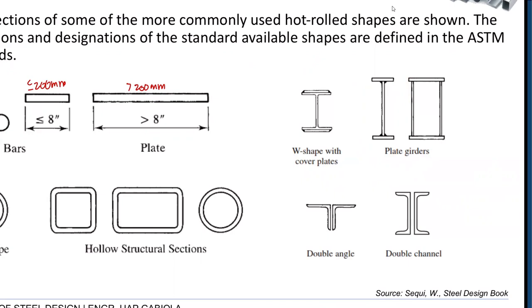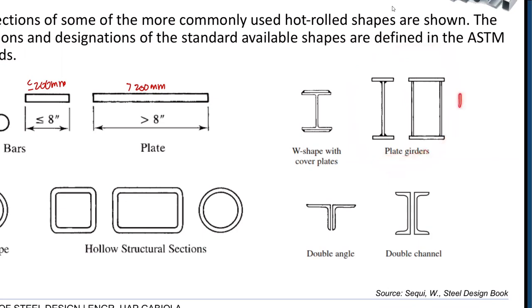So you will opt to construct it by yourself by adjoining three pieces of plate, then welding them together to form a single member. This type of member is called a built-up section or plate girder.